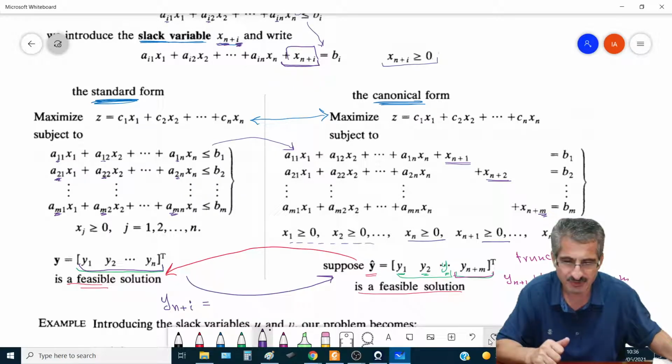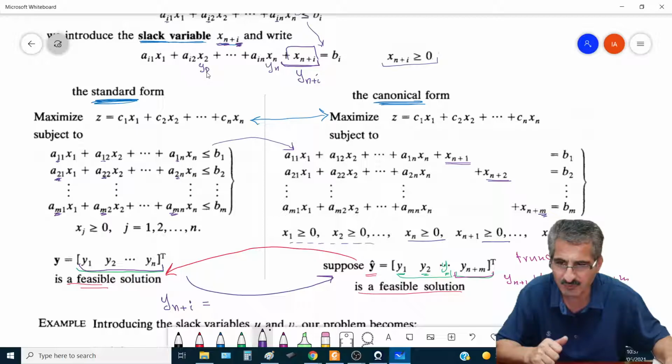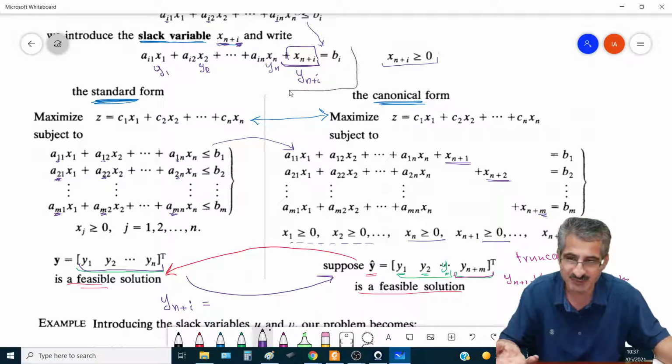This yn plus i is taking the place of this, because we are saying that the vector y is a solution, n plus i, okay? And this goes for yn, y2 and y1 plugged here. Now, using this equation, you can decide what yn plus i is.